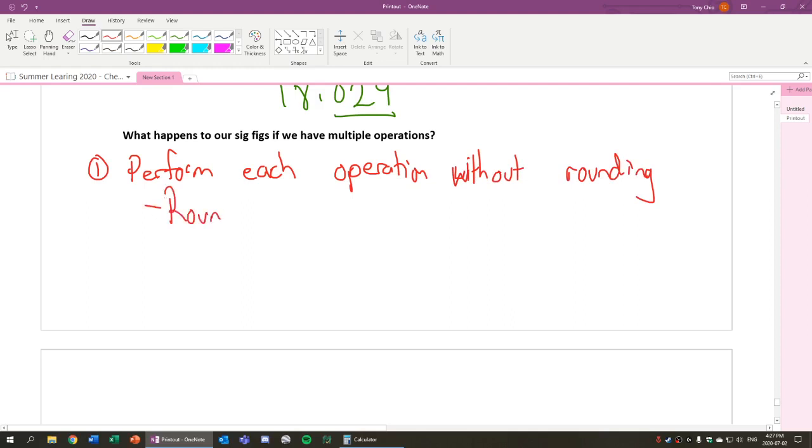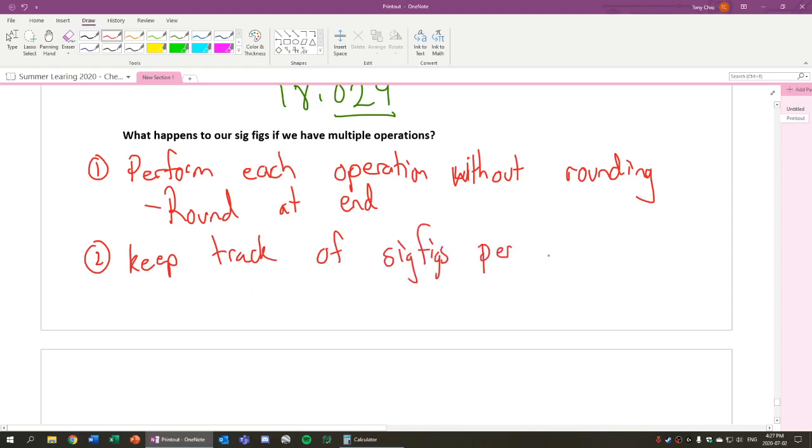Round at the end. But what you've got to do is keep track of sig figs per each step. I'll show you that with the example we're going to work on. What does it mean to keep track of sig figs per each step?